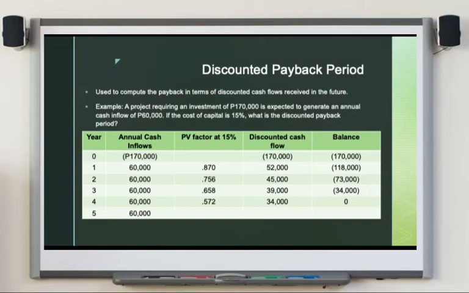In cases where there is still an excess, you simply get the ratio of the balance to the present value of the annual cash inflow, and you simply add it to the already covered years, and that is 3 years.